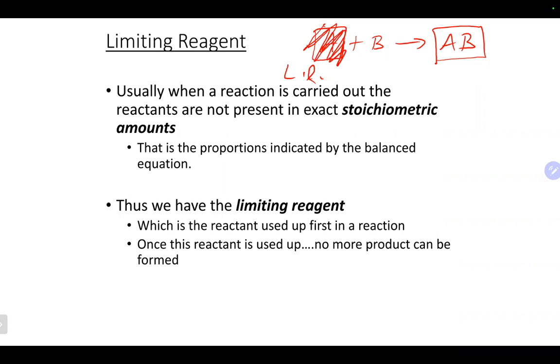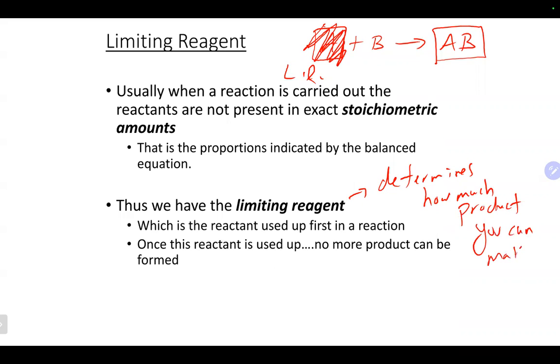We can't, right? Because we're missing A. So in all cases, whenever you have a limiting reagent, it is the most important one because it determines how much product you can make.